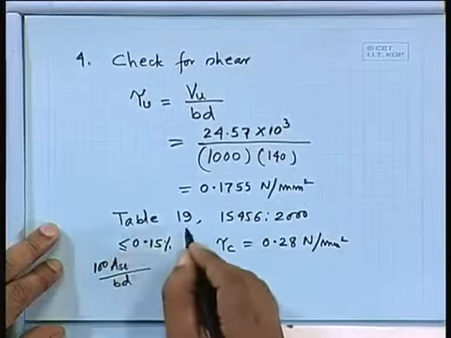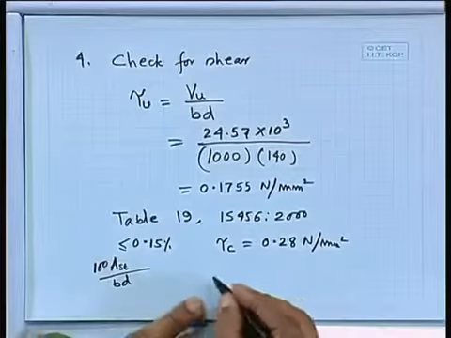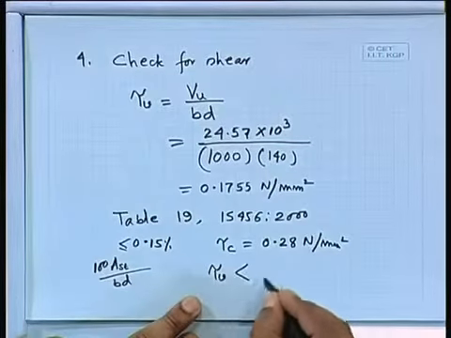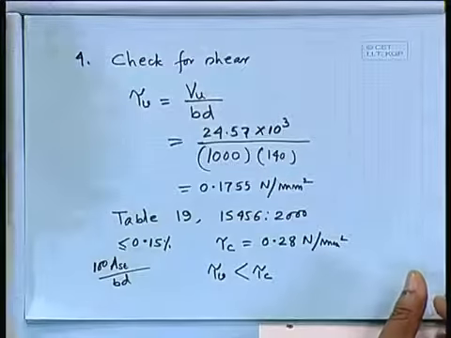We get this in table 19 of IS 456, where tau c is 0.28. So tau v is less than tau c, so we do not need any shear reinforcement, that means we do not need any stirrup. That's why we do not provide any stirrup, but for other purposes we may need it.